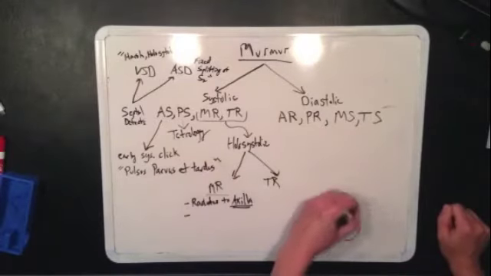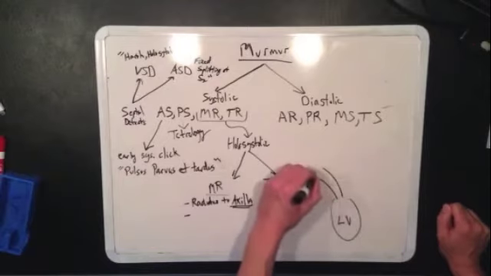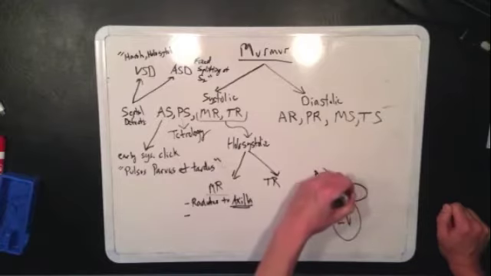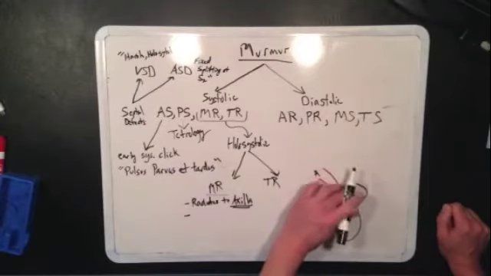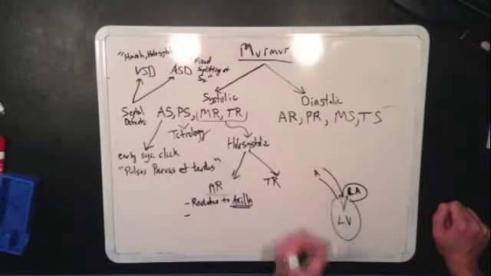Your left ventricle has two options: either through the aorta or back into the left atrium. That's where blood is going to go when you have mitral regurge.